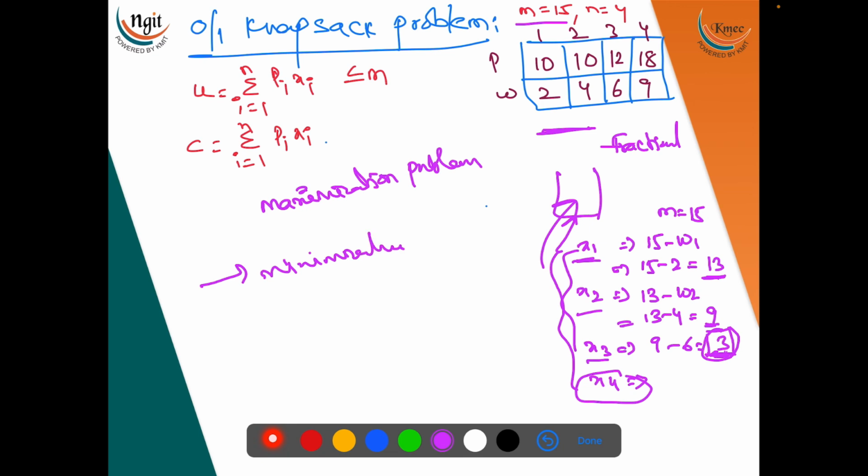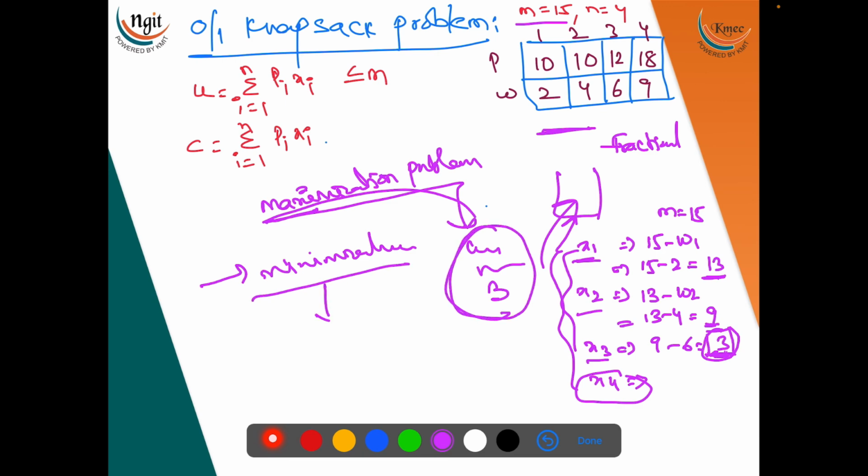The other methods we discussed in the previous videos, greedy method, dynamic programming and backtracking, are all for maximization problems. Now, the problem is a maximization problem, but we are not going to use those approaches. Though it is not a minimization problem, we are going to approach it with branch and bound.